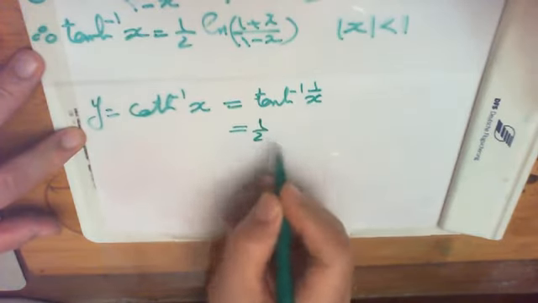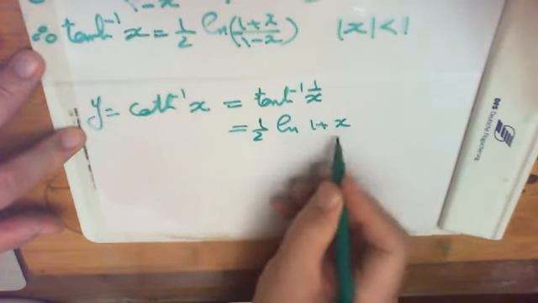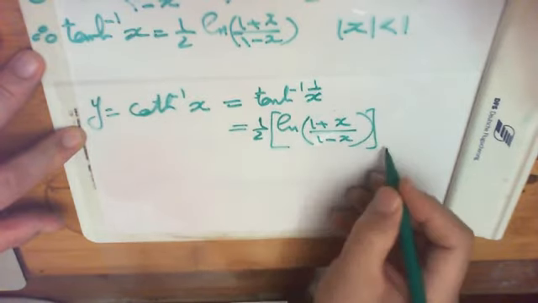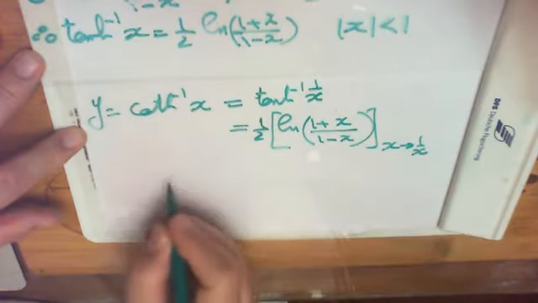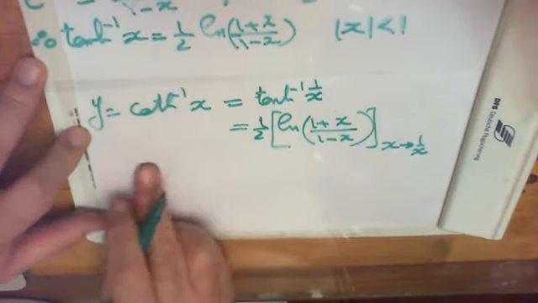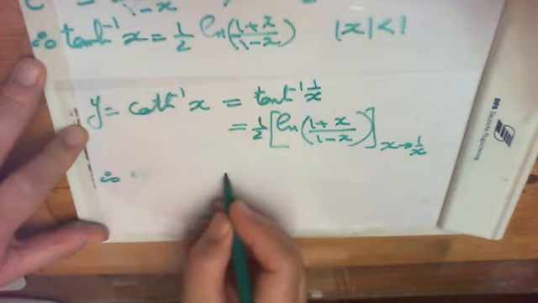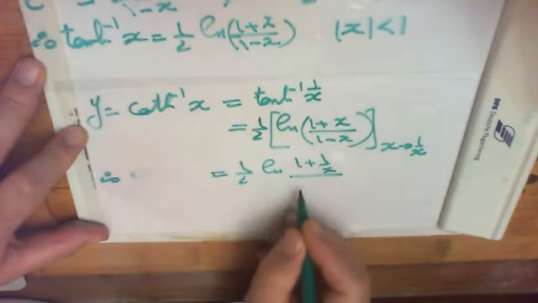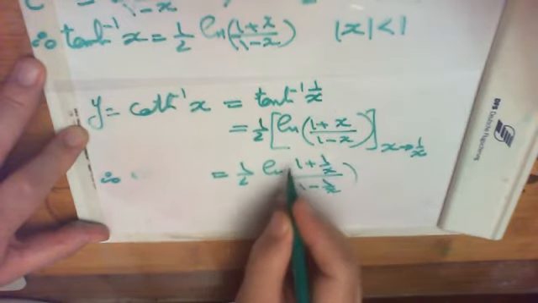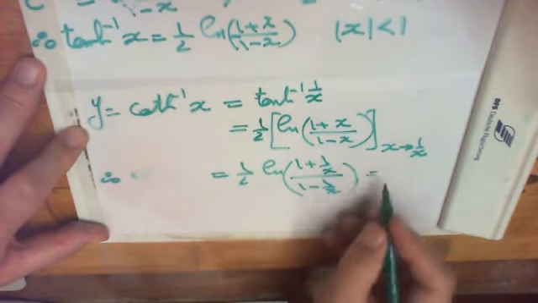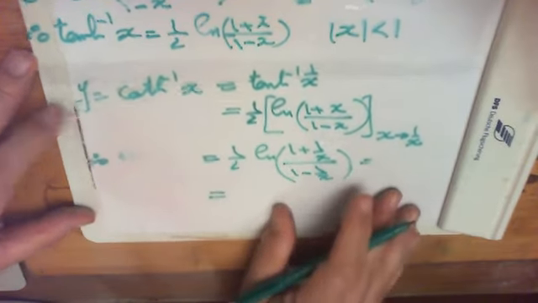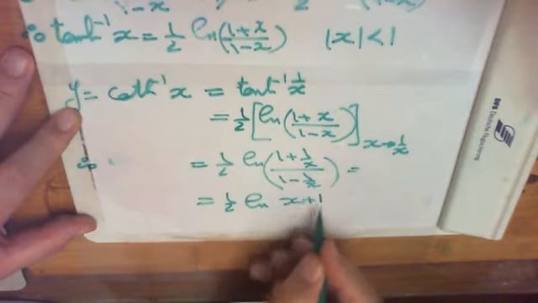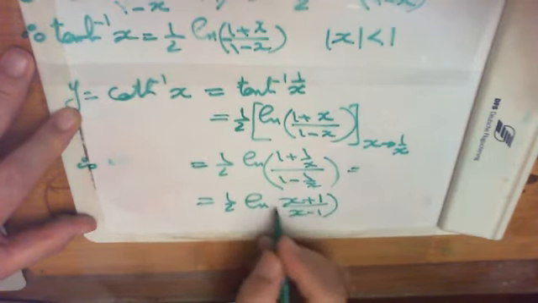This will be half ln of (1 plus x) divided by (1 minus x), but replace x by 1 over x. Therefore half ln of (1 plus 1 over x) over (1 minus 1 over x). Simplify, it will be half ln of (x plus 1) over (x minus 1).